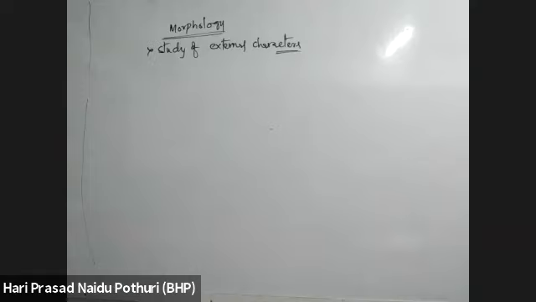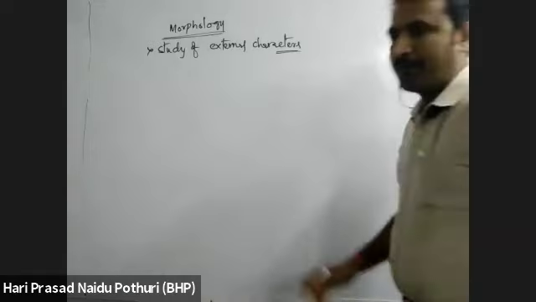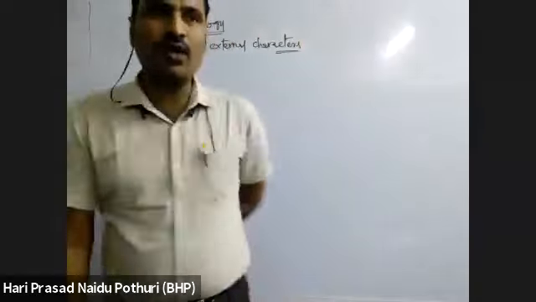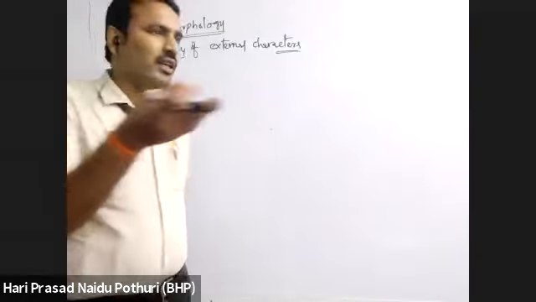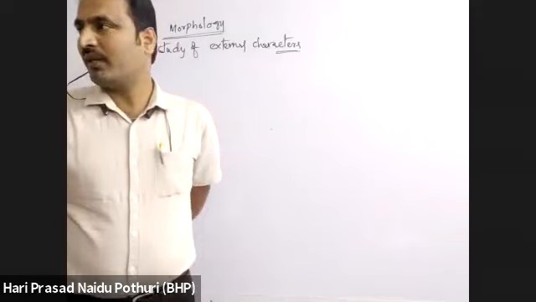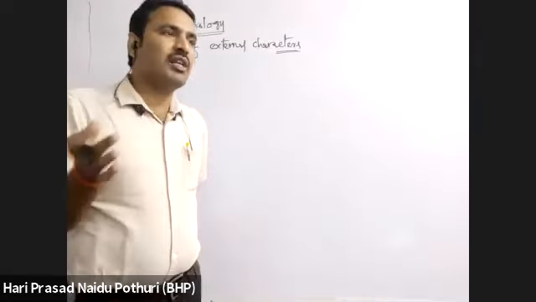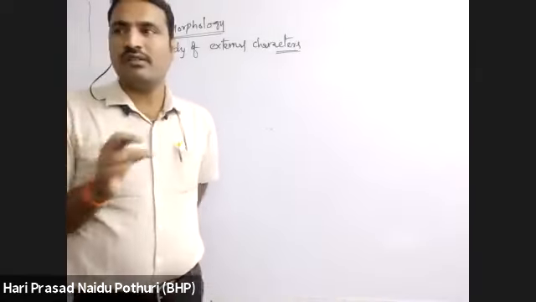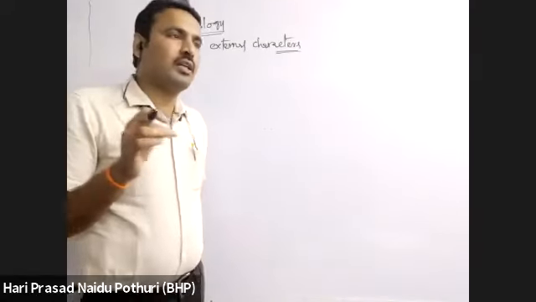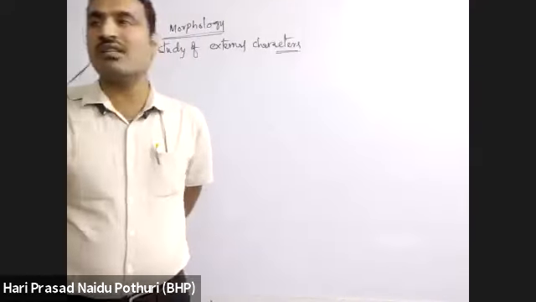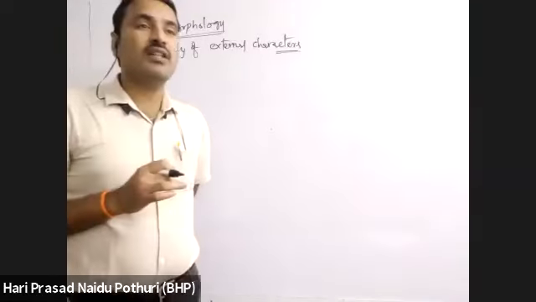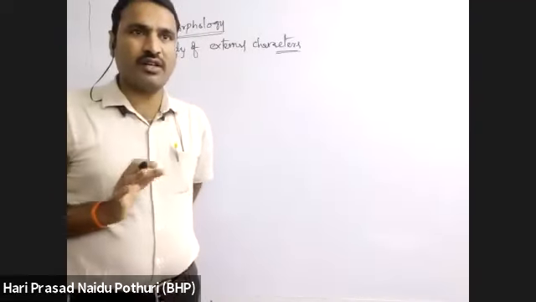What are the external characters? There are different branches of science. Suppose in botany, we already completed the cell lesson. Study about the cell is called cytology. Study of the metabolic activities or metabolic changes is called physiology, which we already started.